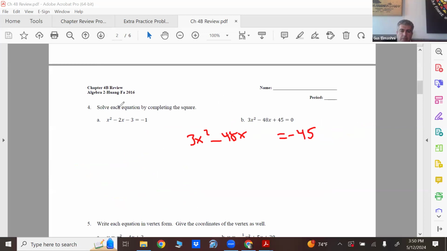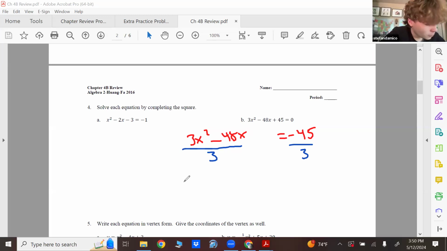The next step is you want to divide by 3.